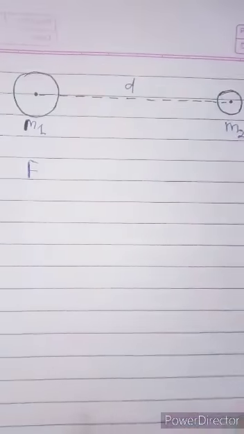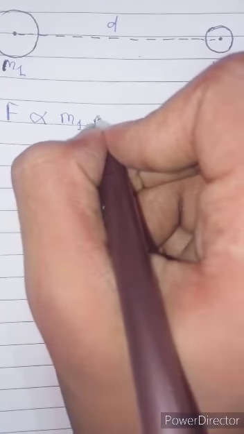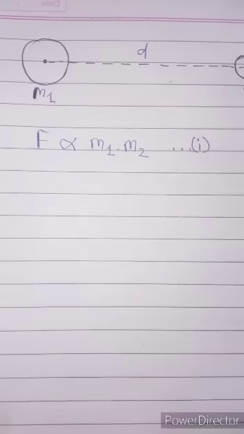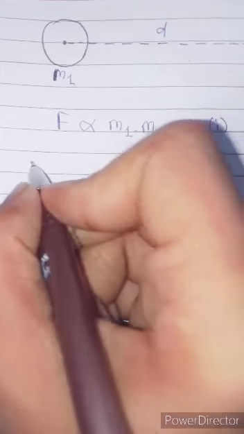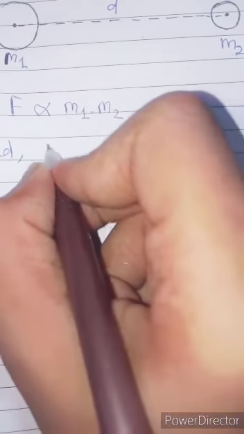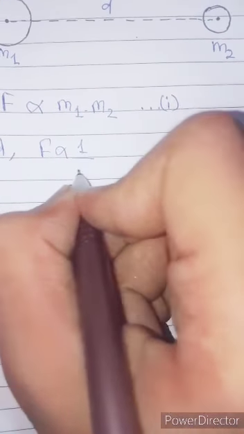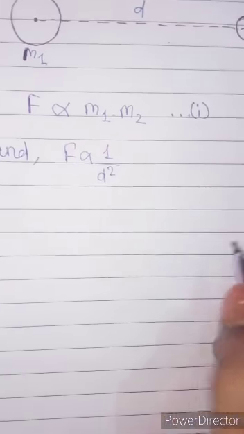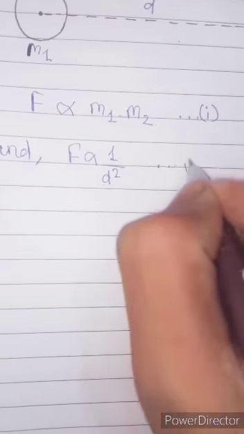So in the first case, F is directly proportional to the product of their masses. Then in another case, F is inversely proportional to the square of the distance between them.